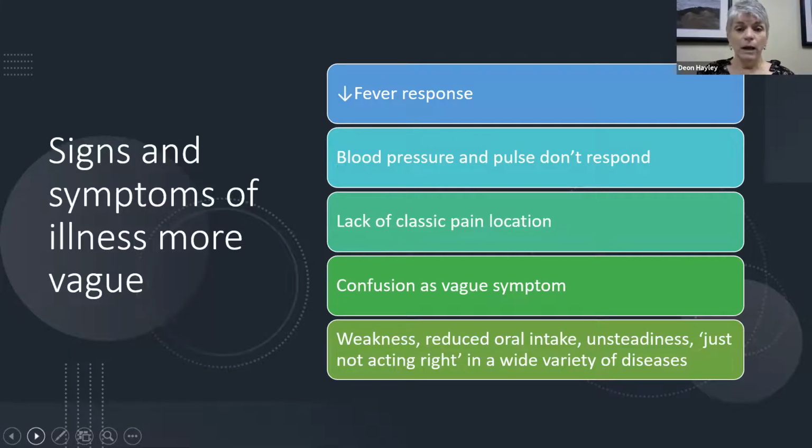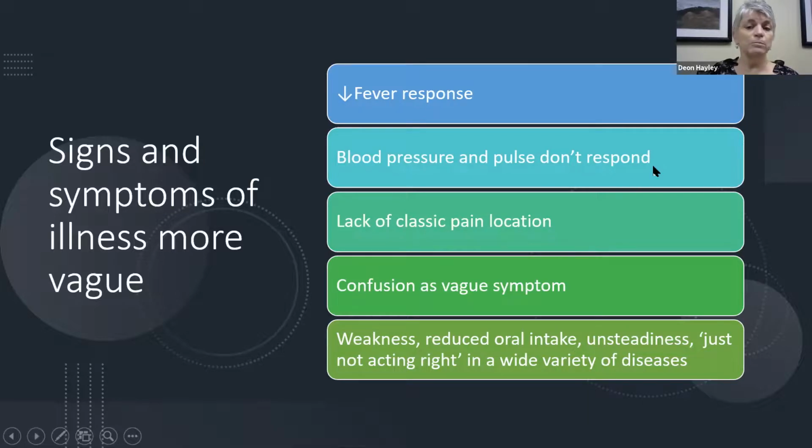Another thing in medicine is that older adults have more vague symptoms. So you may be really ill with an infection and not have the same fever. A young person who gets really ill, may have pneumonia or something like that, and they have a high fever. As you get older, you might just have a minor change in your temperature.